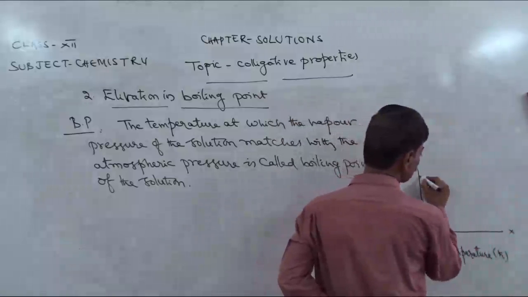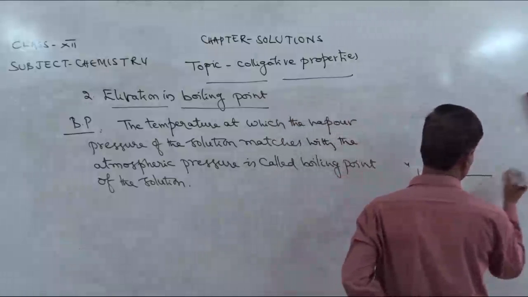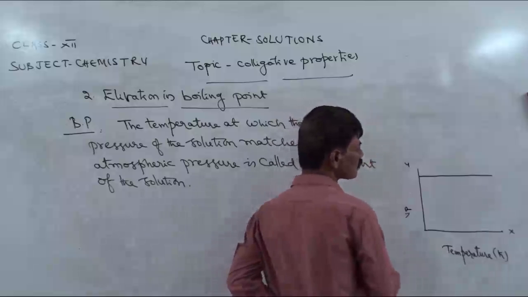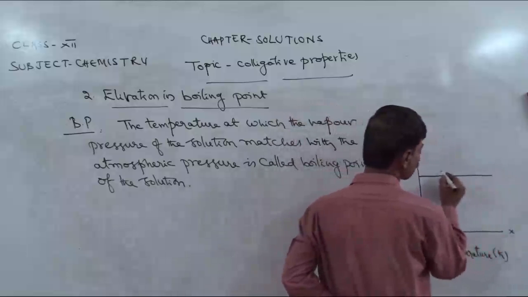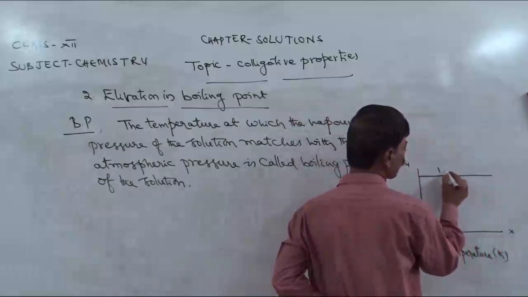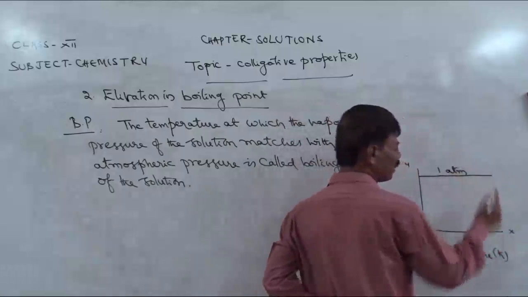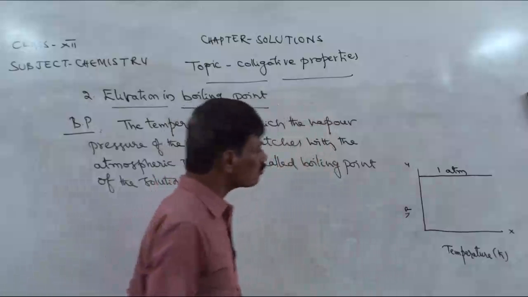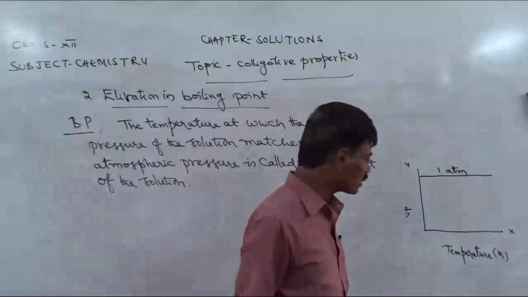And in this graph, there is a horizontal line that refers to the pressure which is equal to 1 atm. ATM stands for atmosphere. So this refers to the unit of the pressure.